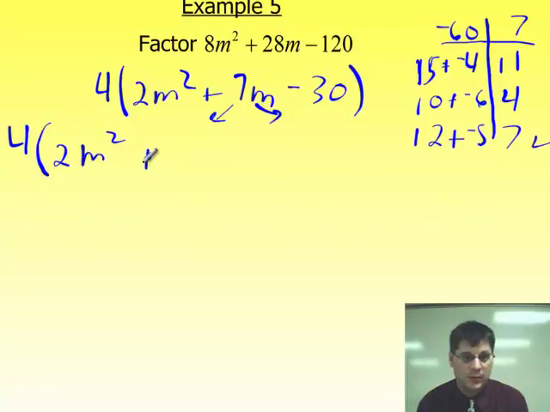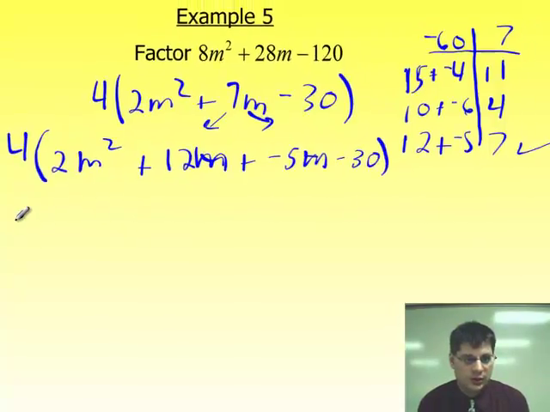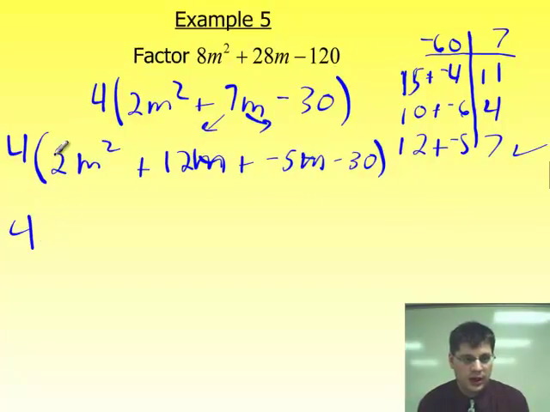I'm going to do plus 12m plus negative 5m minus 30. Okay, so 4, and then I'm going to group these together.